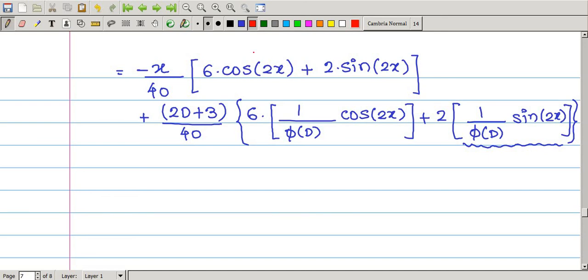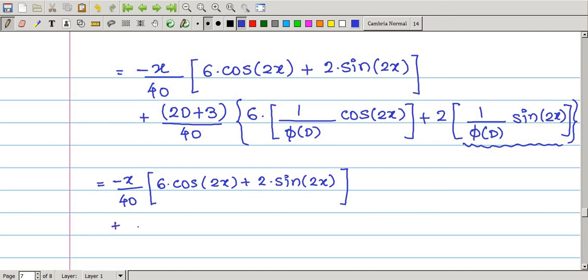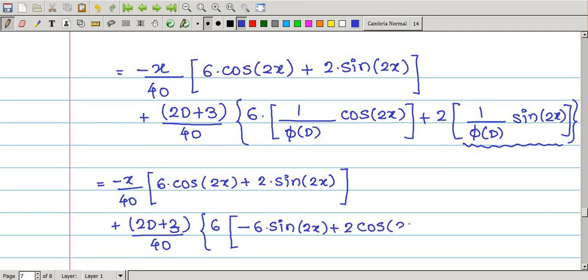So we can substitute the values. For cos 2x, it is equal to, so particular integral is minus x upon 40 into 6 cos 2x plus 2 times sin 2x, the first term as it is, plus 2 times d plus 3 upon 40 into 6 in. So this value will be minus 6 times sin 2x plus 2 times cos 2x.